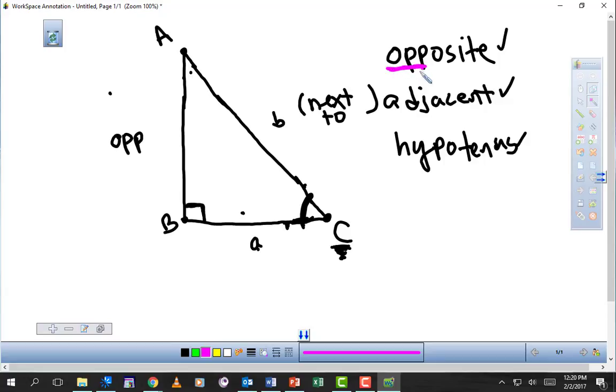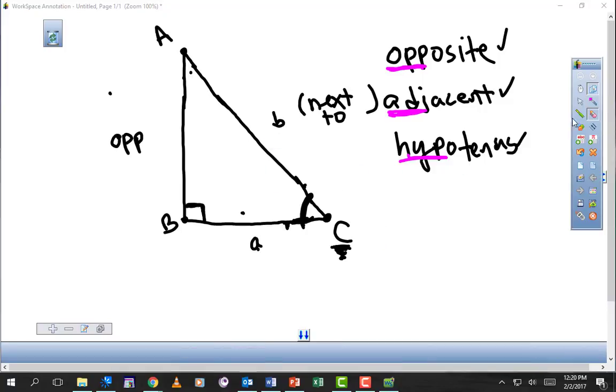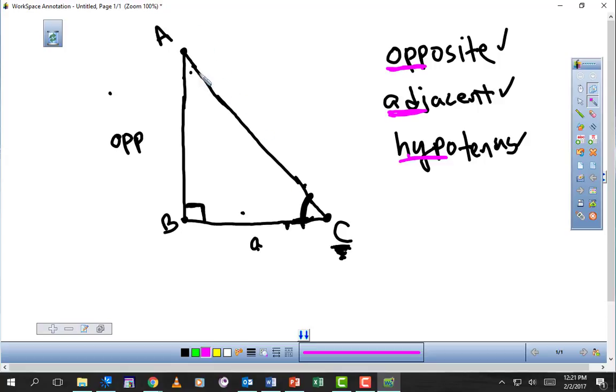We don't like to write out the whole word every time, so we're going to abbreviate these three words using the first three letters: opposite, adjacent, hypotenuse. The hypotenuse is always easy to identify because it is always opposite the right angle, and it's always the longest side of the triangle. So this one is the hypotenuse.